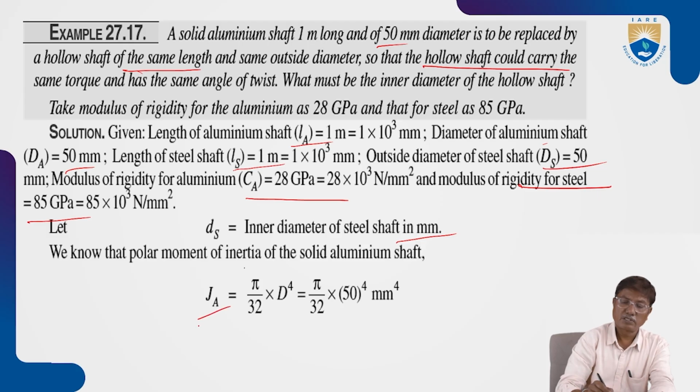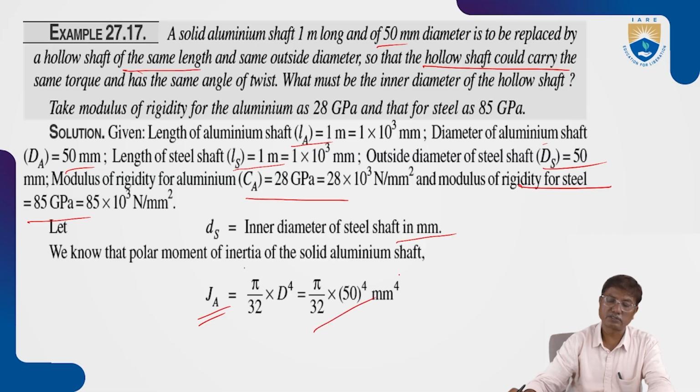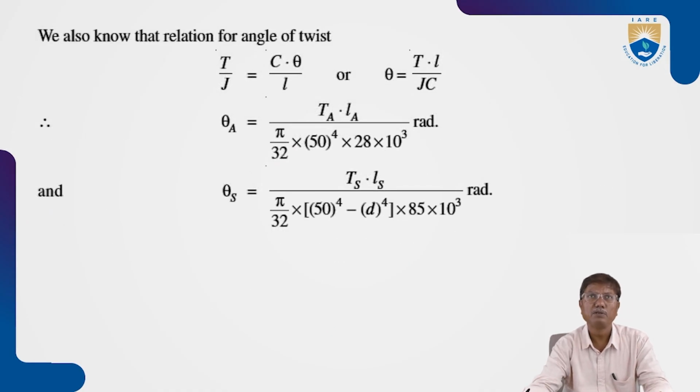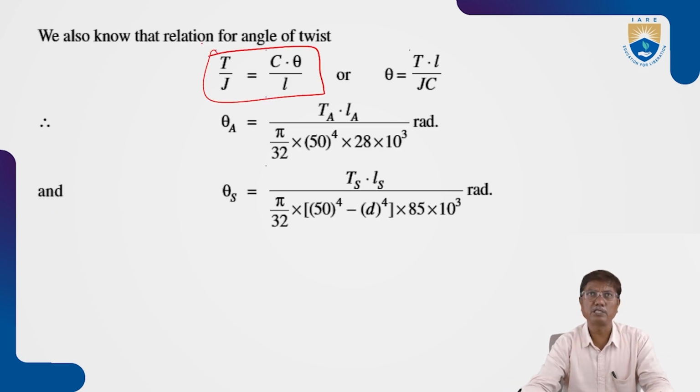So the polar modulus of aluminum shaft is pi d power 4 by 32, external diameter. Solid shaft, isn't it? So diameter is 50. Pi d power 4 by 32 gives the polar modulus, and we use this relation: T by J equal to C theta by L, and theta is TL by JC.